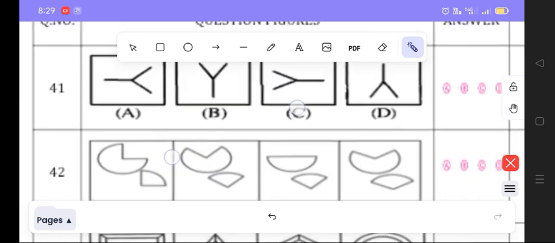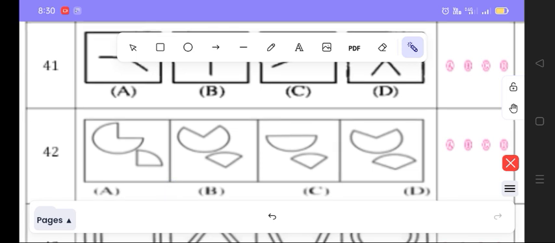Next question. Question number 42. Observe the question number 42. Circle is cut into two parts and the cut out part is kept near the big part only here. See, when you place it, it will form a circle. When you place this one here, it will form a circle. But in C, see, it is semicircle.